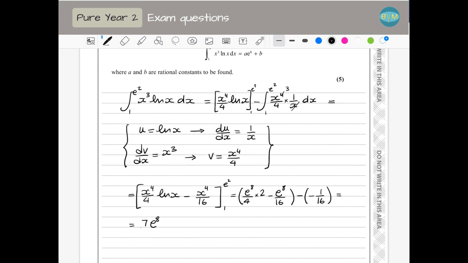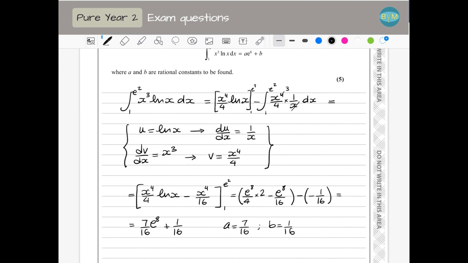I write that at the front, and then I have minus 1/16, so plus 1/16. Now it looks like it should. I have a rational coefficient, e to the power of 8, plus another coefficient, which means that a is 7/16 and b is 1/16.